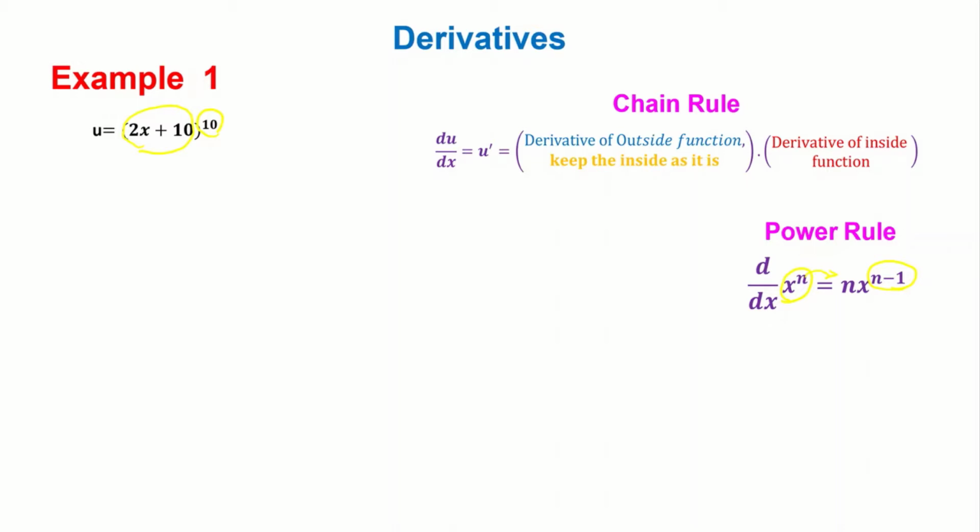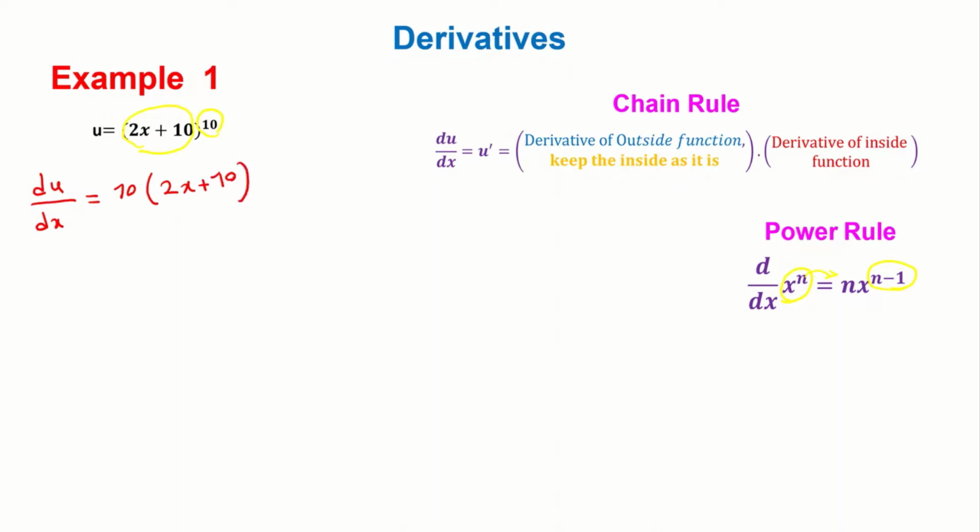So the derivative of this function, which is going to be du over dx, is the derivative of the outer function, which is 10 times 2x plus 10.